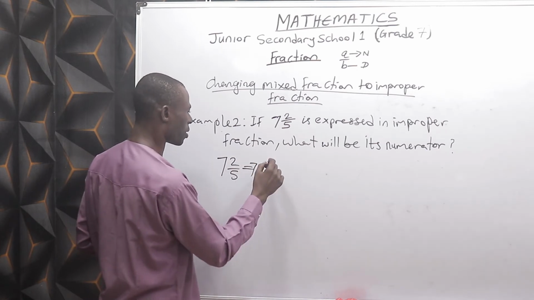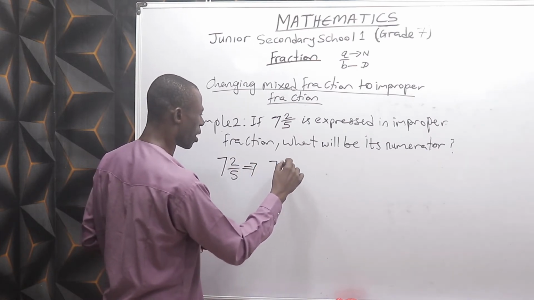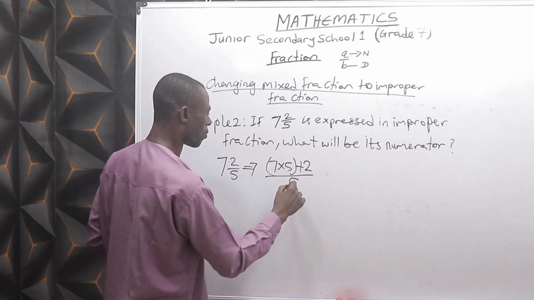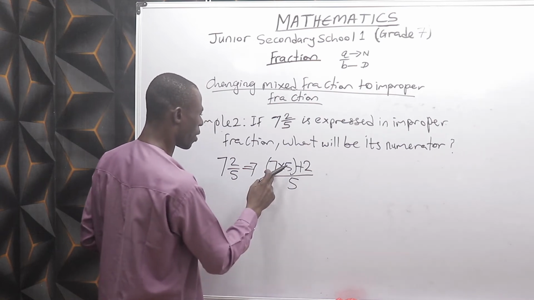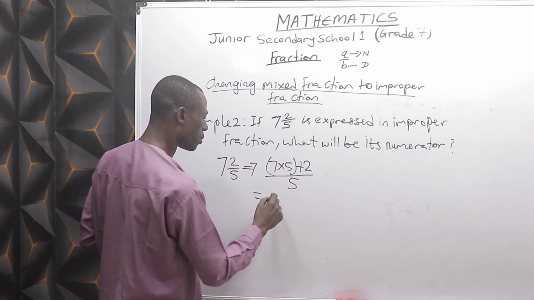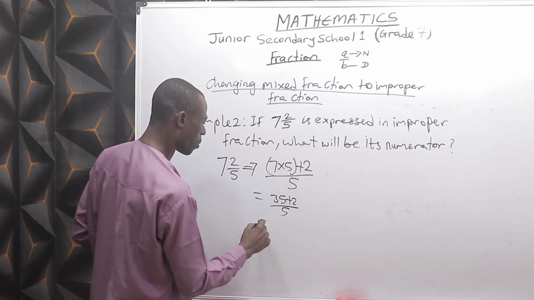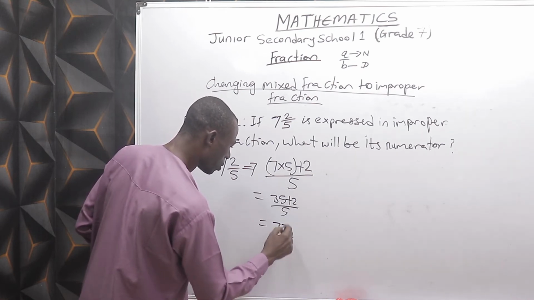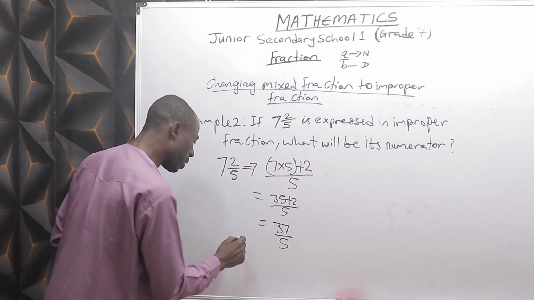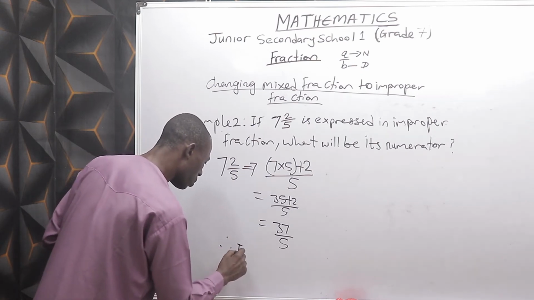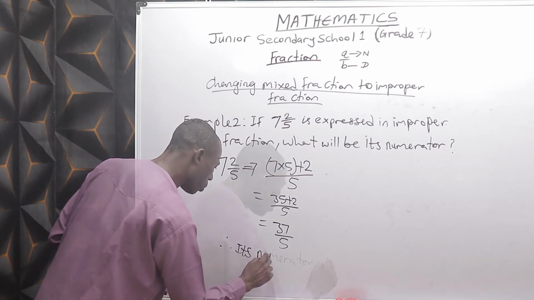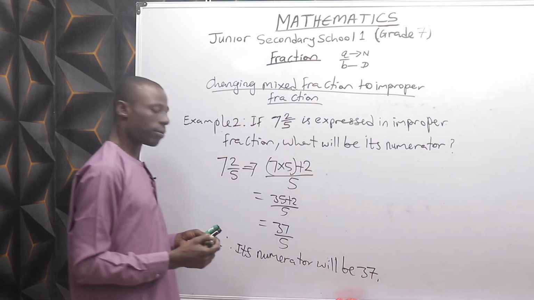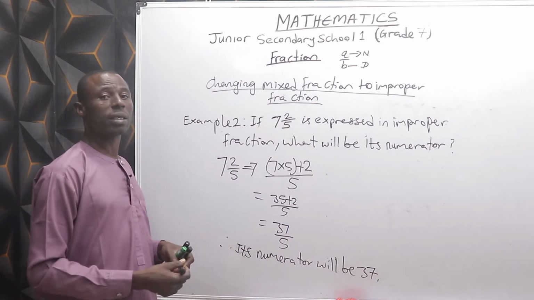If it is expressed as 7 times 5 or 5 times 7 plus 2 divided by 5. 5 times 7 is 35 plus 2 over 5. 35 plus 2, that is 37 over 5. The answer is, therefore, its numerator will be 37. That's the answer.